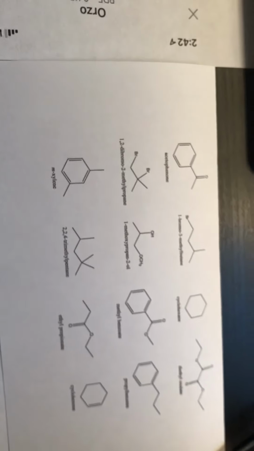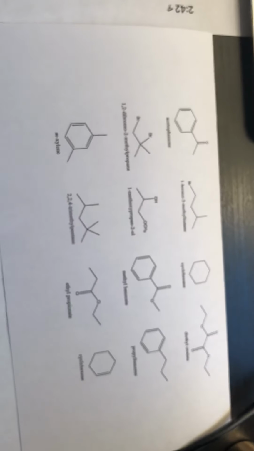So again, looking at these, considering there's only one type of hydrogen, it makes it pretty obvious that this is cyclohexane, and I can show that here by drawing it out.